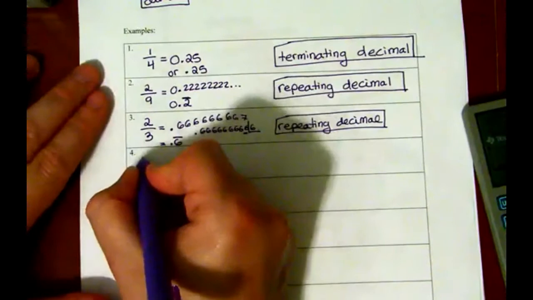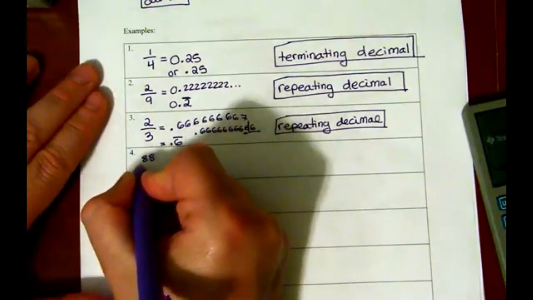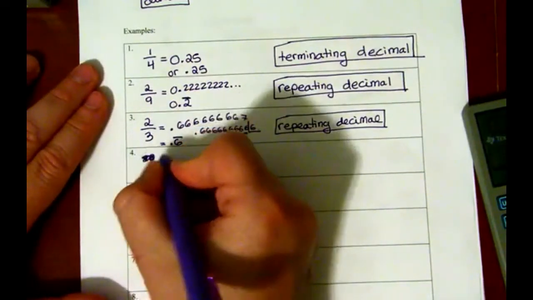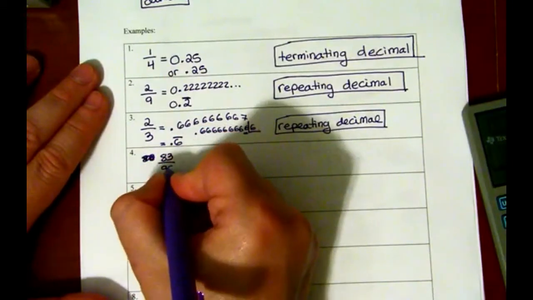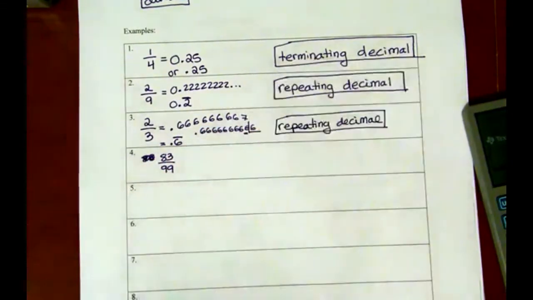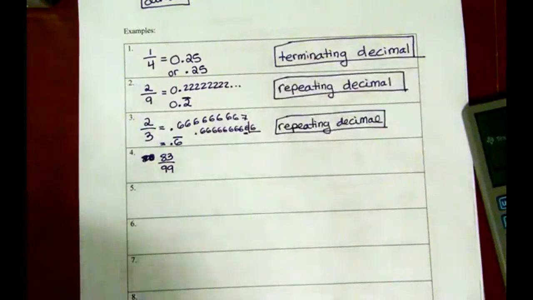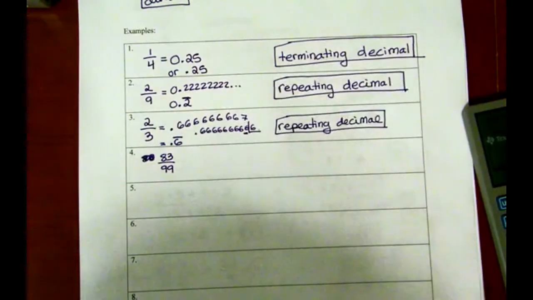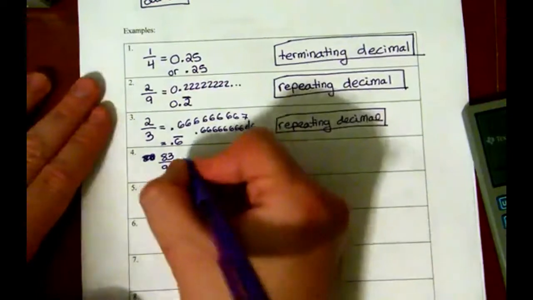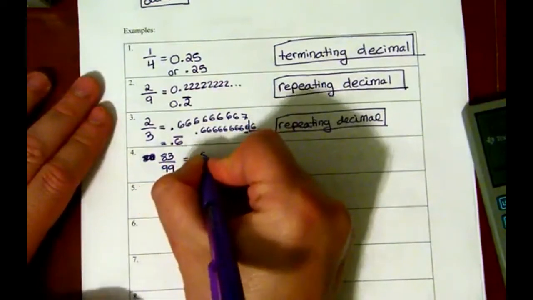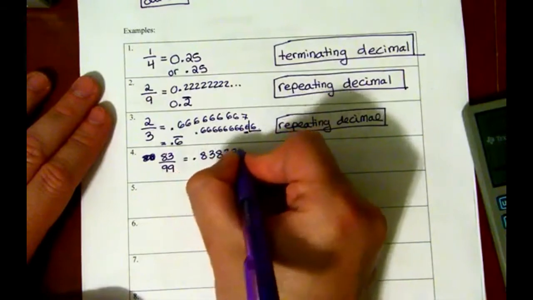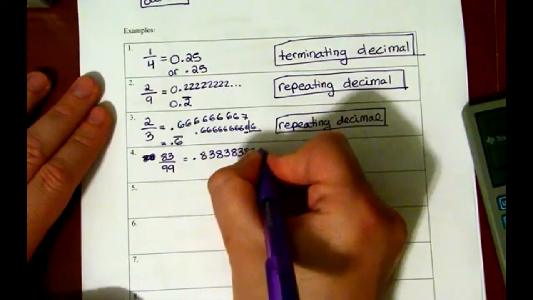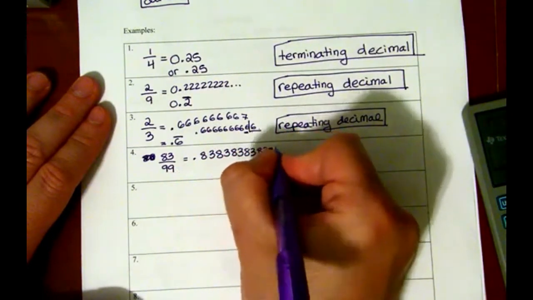Okay, next one. 88. No, not 88. Let's not do that. Let's do 83 divided by 99. Go to your calculator. Let's get a decimal from that. I think your calculator should be saying 0.83, 83, 83, 83, 83, maybe an 84 at the end.